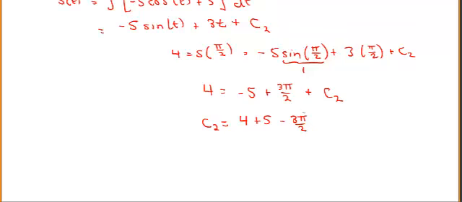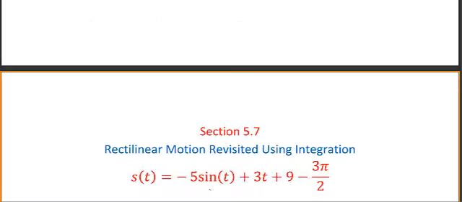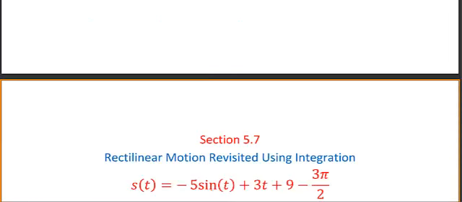So filling this in, the position function at time t is going to be negative 5 sine of t plus 3t plus c2, which is 9 minus 3 pi over 2. And that should be our position function. Let's check. Yes, that's correct.